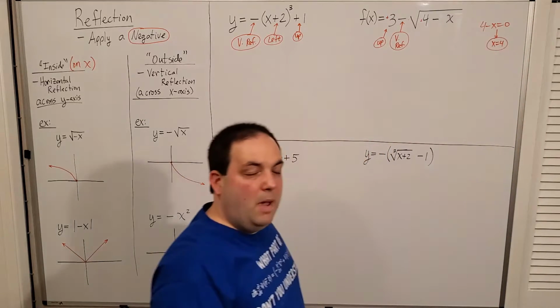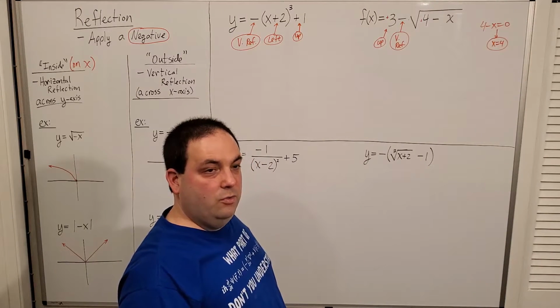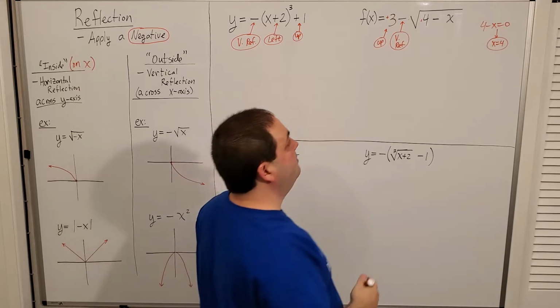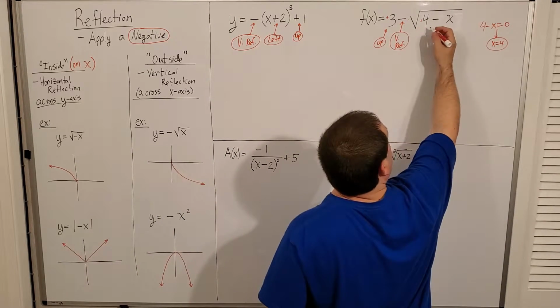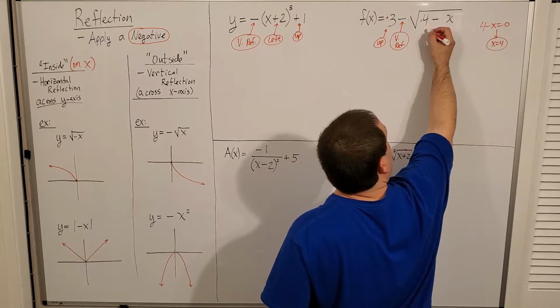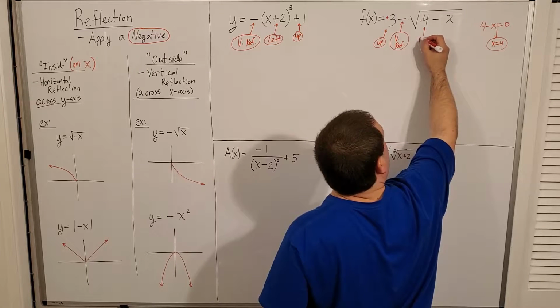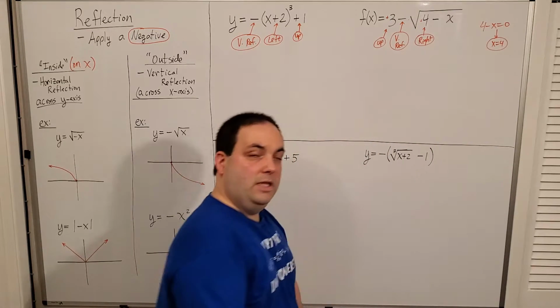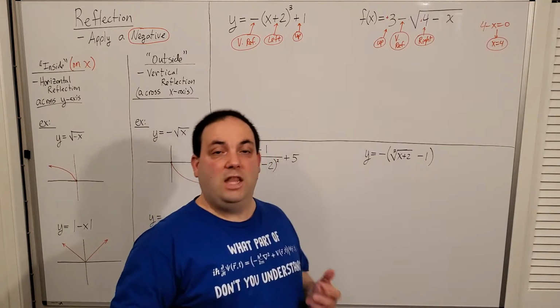So that must be my new center value. And notice 4 is on the positive side. It's a shift to the right. So even though this is a positive 4, because of the way this negative is attached to the x here, causing a reflection, this 4 is actually a shift to the right. Even though typically a plus 4 would be a shift to the left.